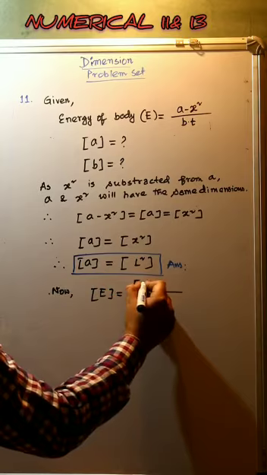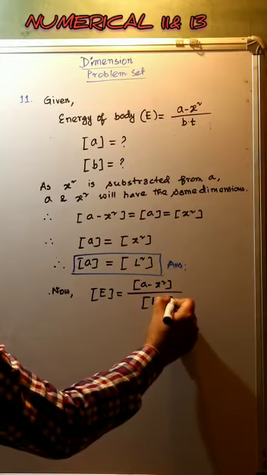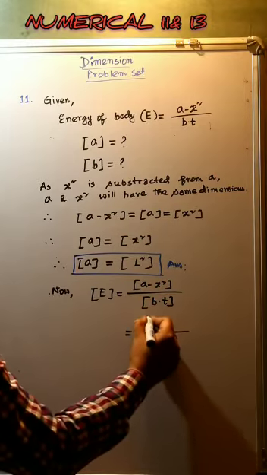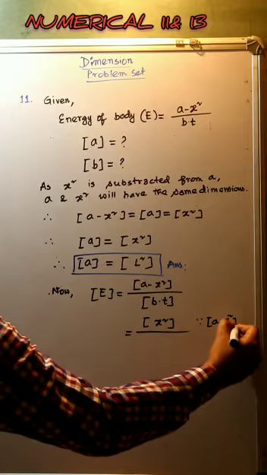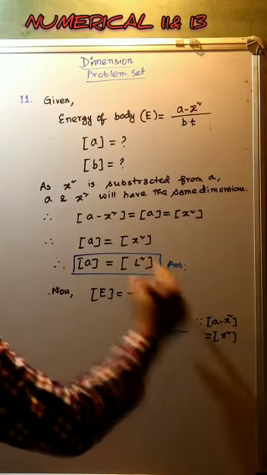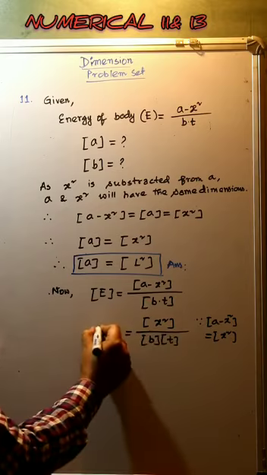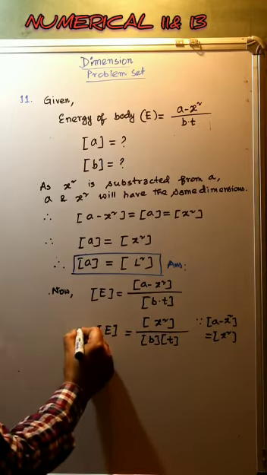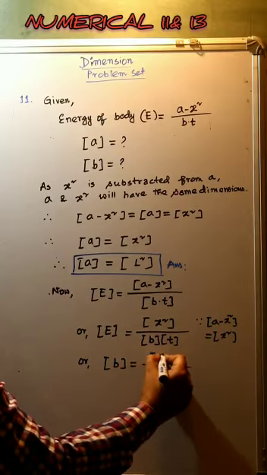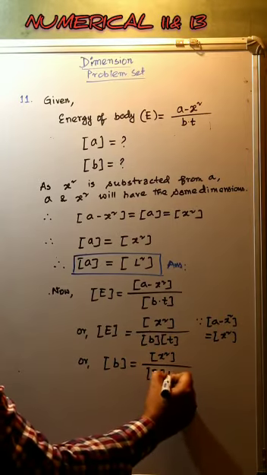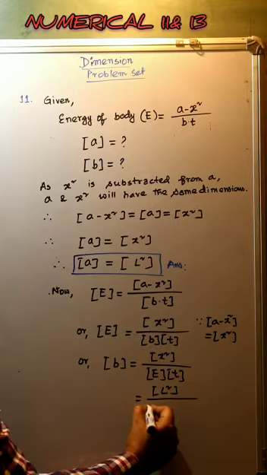Dimension of energy is equal to dimension of (A minus x squared) divided by dimension of B into T, which is equal to dimension of x square only, since dimension of A minus x square is equal to dimension of x square from this relation, and here we can write dimension of B into dimension of T. On the left hand side we can write dimension of energy, or, dimension of B is equal to dimension of x square divided by dimension of energy into dimension of time.